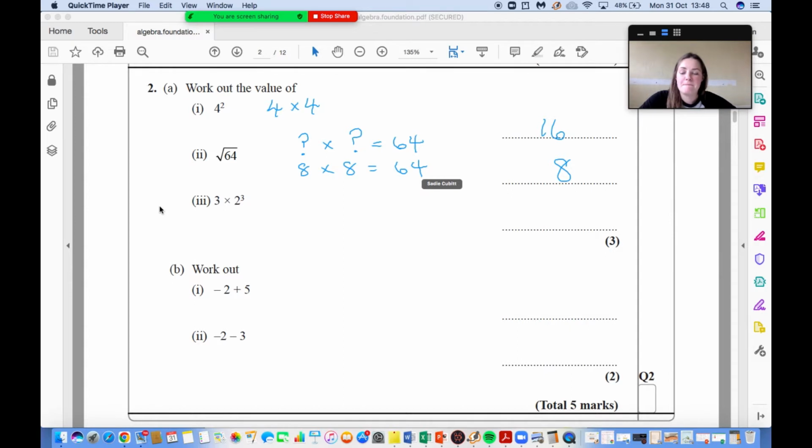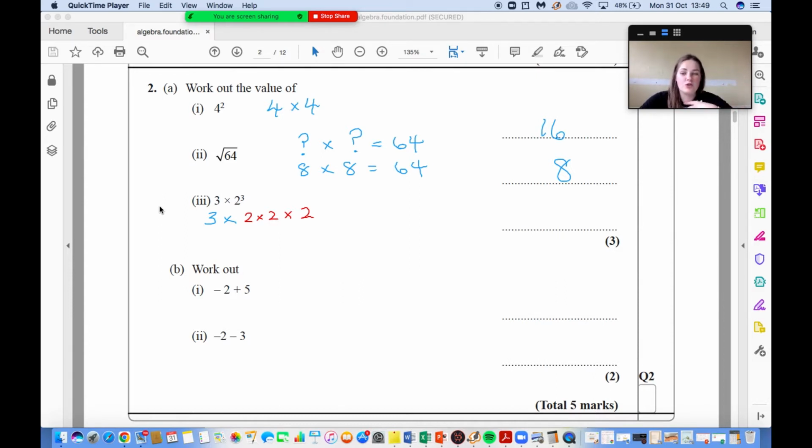Okay? And then the last one in that section, it says 3 times 2 cubed. So that means 3 times, and then I'm just going to change my colour, 2 cubed means 2 times 2 times 2. Okay, so you could either do 3 times 2 and then times it by 2, then times it by 2.